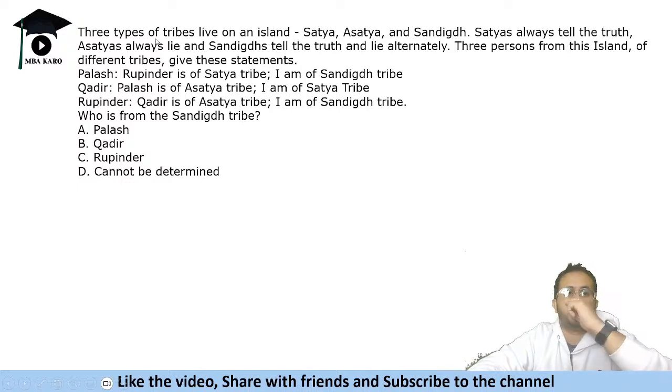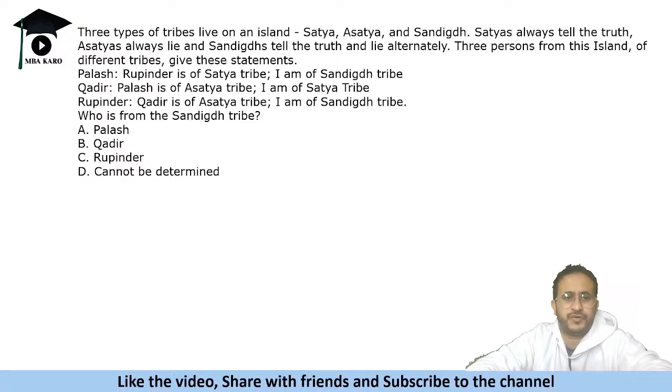So there are three types of tribes that live in an island: Satya, Asatya, and Sandigdh. Satya always tell the truth, Asatya always lie, and Sandigdh tell the truth and lie alternately. Three persons from this island of different types give these statements.